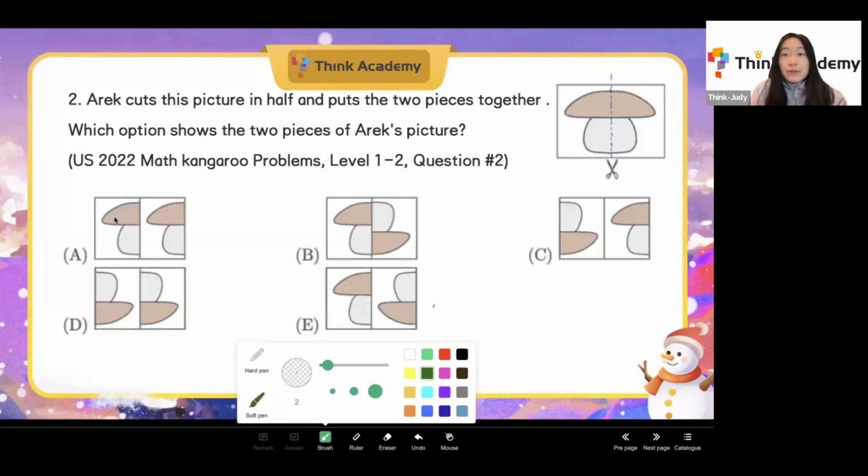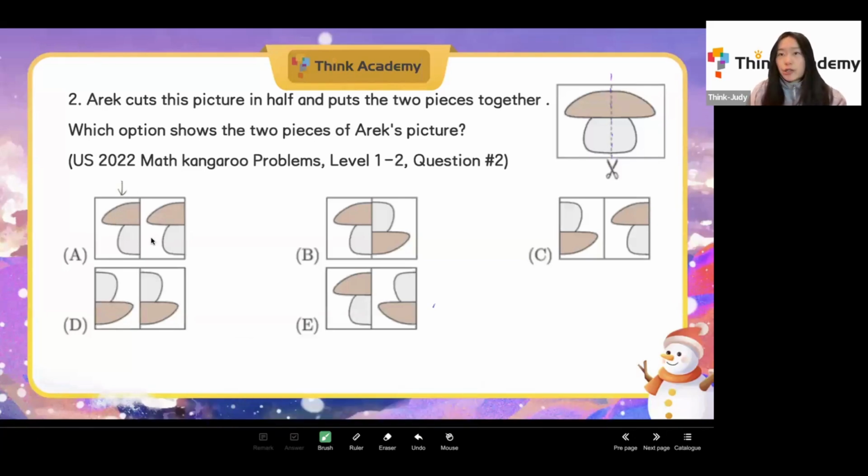The left side is gonna be the same. We don't need to change it. And then for the right side, you can imagine after rotating, do you think it's gonna be the same as this one, the original one? No way, right? If I rotate it, you will see it will come back as this one, right? Do you think it's gonna be the same? No, right? So it's not A.